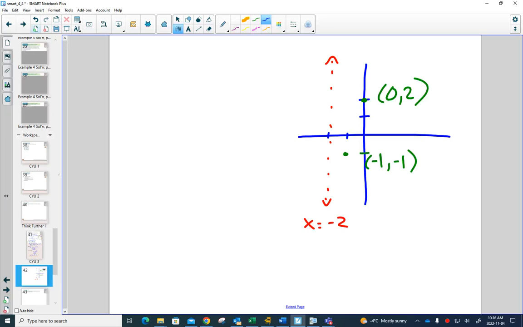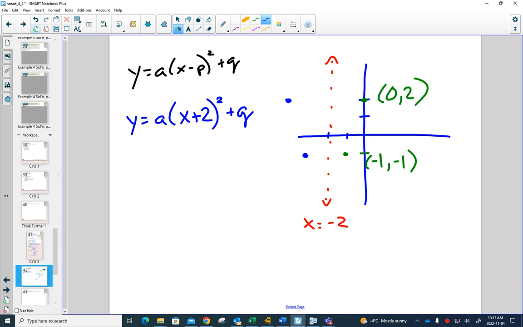Okay? So if you were doing this question, y = a(x - p) squared + q, it would be very similar to the one before. You would know because of these points and because of symmetry, you would also have a point here at (-4, 2). So you know your parabola is going up. And we know that our p value is -2, so we already know that you would have a +2 inside.